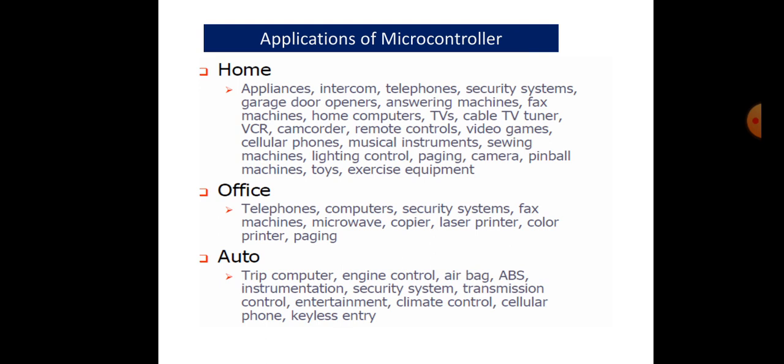In home appliances like washing machines, ovens, TVs, cable TV tuners, camcorders, cellular phones, musical instruments, lighting control, toys or exercise equipment. In each and every electronic gadget we have an embedded system, or we can say we have the microcontroller in it.